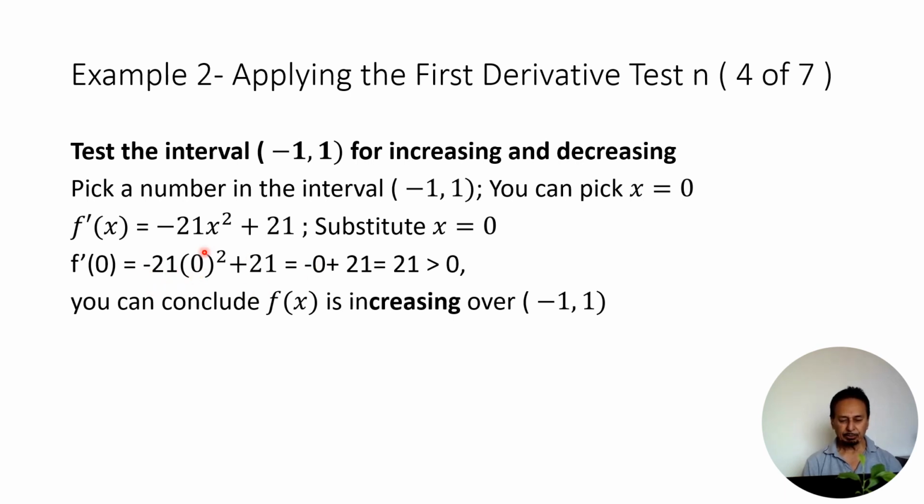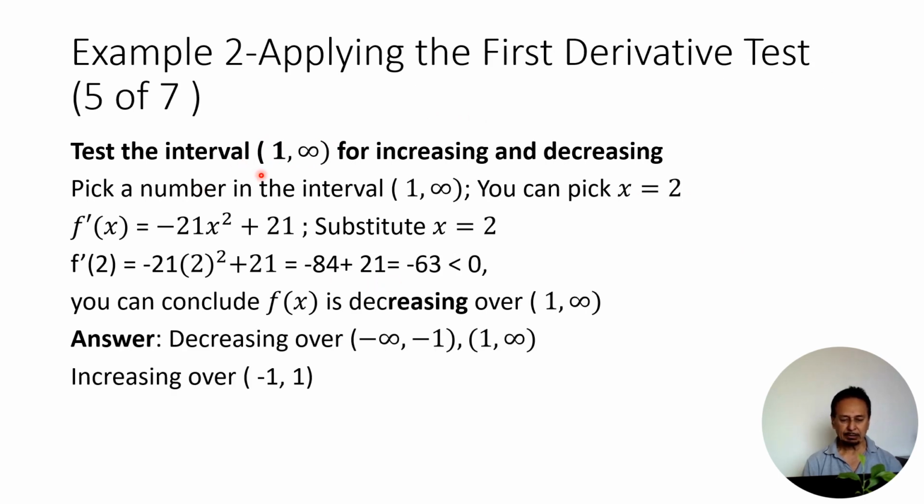So this becomes 0 because 0 squared is 0. So we minus 0 plus 21 is positive 21. So 21 is greater than 0. So we can conclude that the function is increasing over this interval, minus 1 to positive 1.